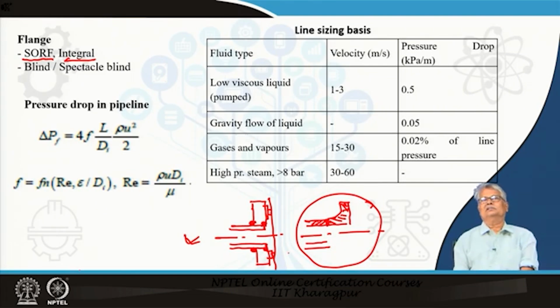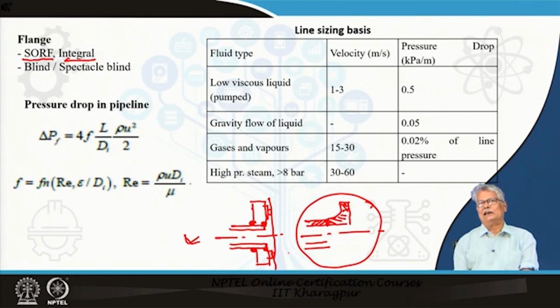Next comes the sizing of the pipe. If you have a large bore pipe, the cost is more, but the pressure drop is less. When I say cost more, you have to spend more in order to buy that pipe. But since your pressure drop is less, you are going to spend less on your pumping power.